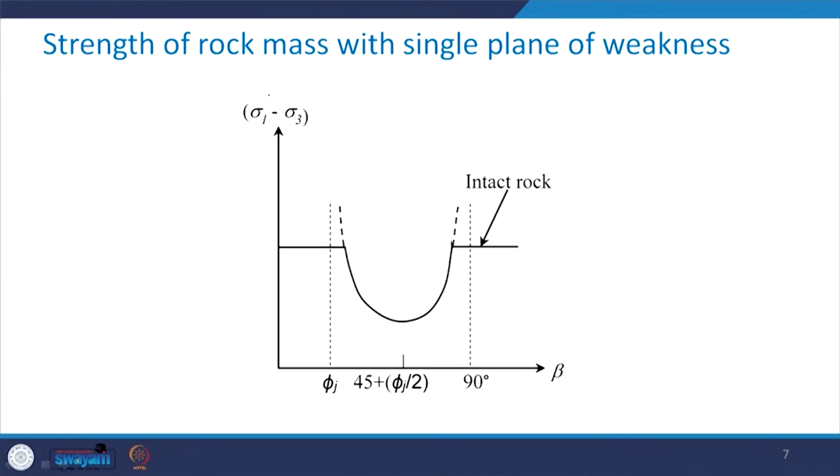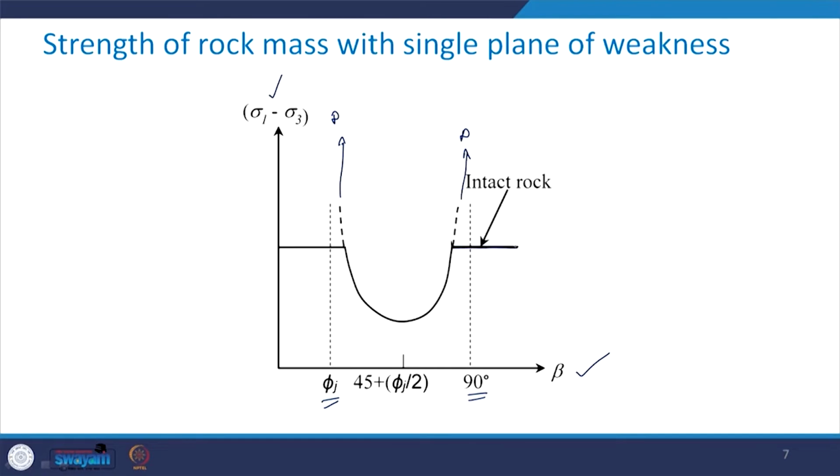Take a look here at the space of sigma 1 minus sigma 3 versus beta. If we substitute the values of beta in the previous expression, we have seen that when beta equals phi j, this tends to infinity, and for beta equal to 90 degrees, again this tends to infinity.